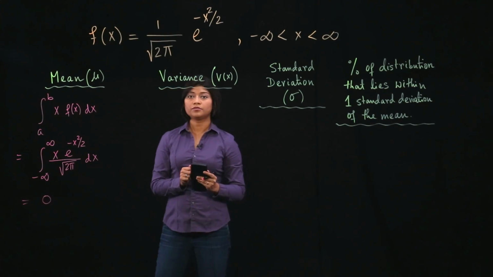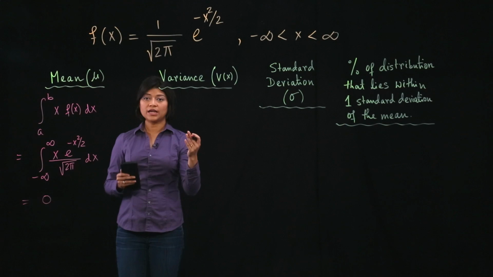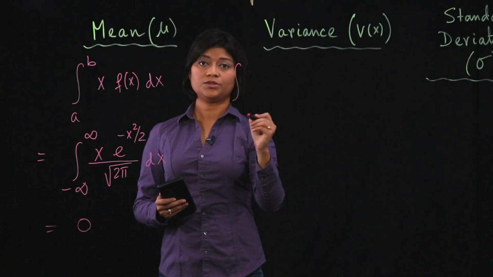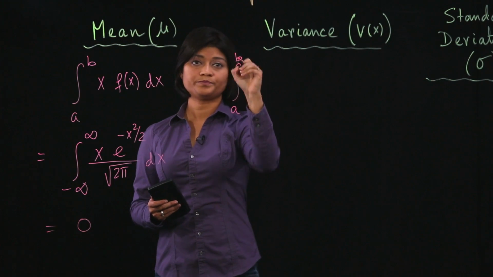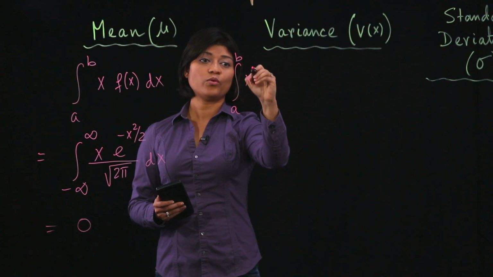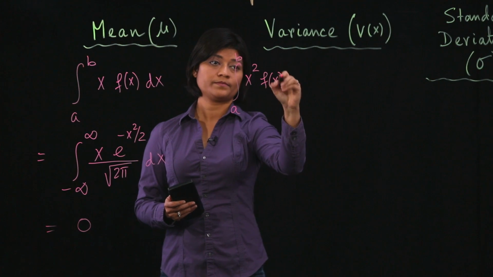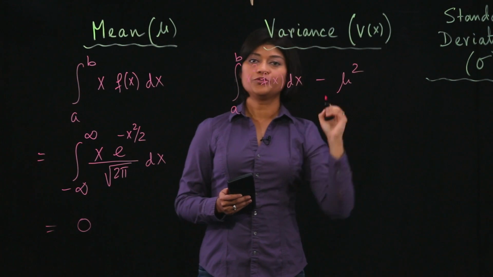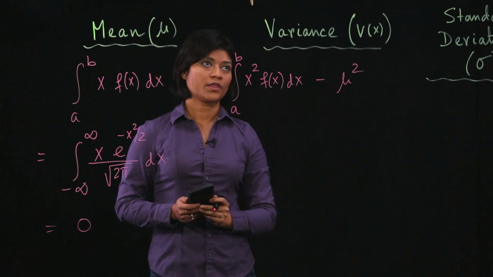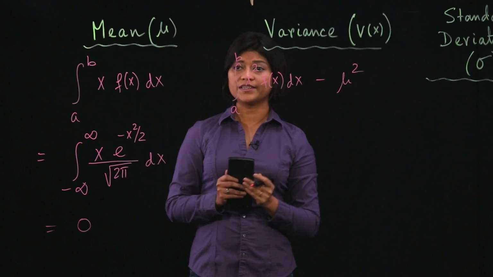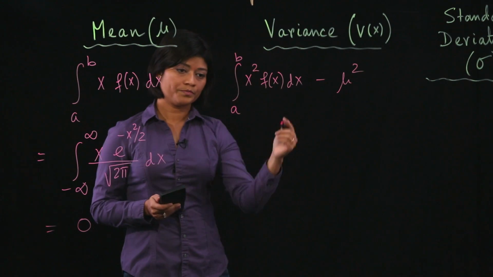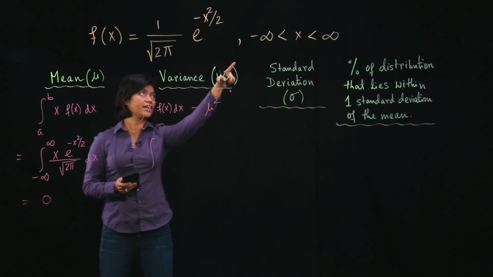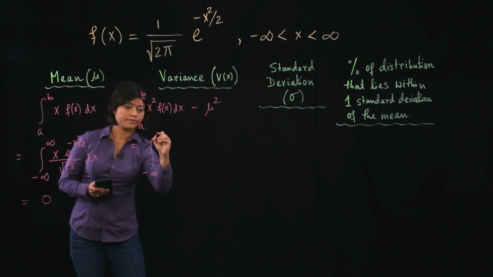Okay, let's compute variance. So let's think one more time, how do we compute variance? So the formula is you integrate from a to b, and this time it is x squared times f of x dx. And then you subtract mu squared. Mu is the mean. Okay, so this is the formula for variance. Let's plug in everything that we know. We already know that the limits are negative infinity and positive infinity.